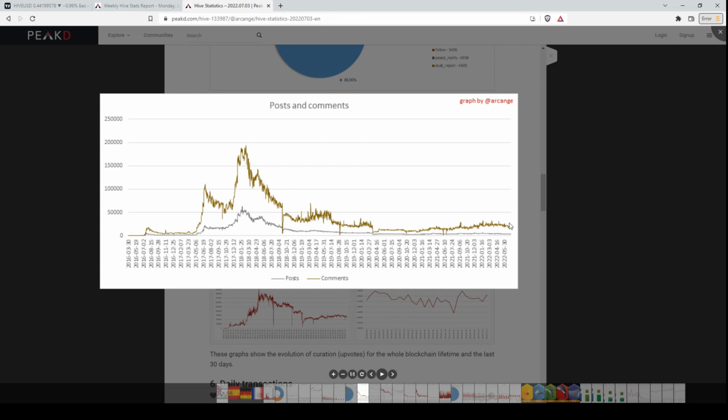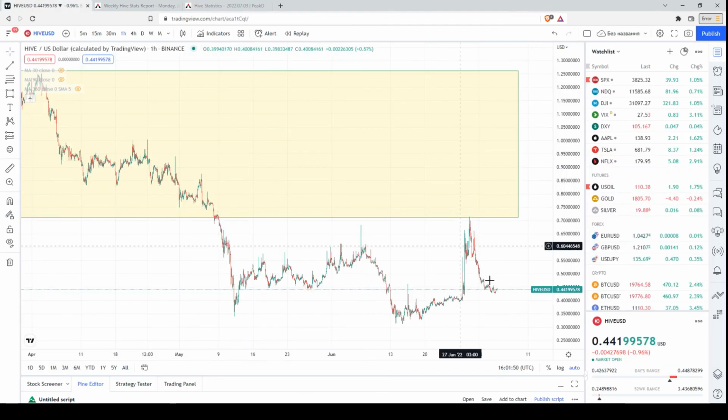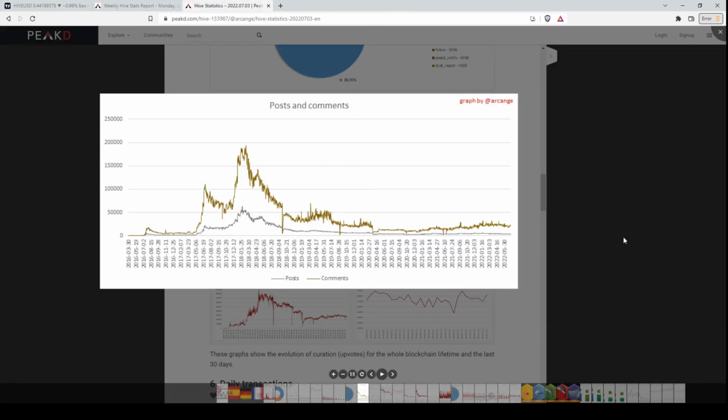I just want to show my point of view that if we don't see the number of active users and Splinterlands players, the HIVE user base, increasing, I don't think that the price will easily skyrocket, because there is no trigger or driver for such kind of price increase.